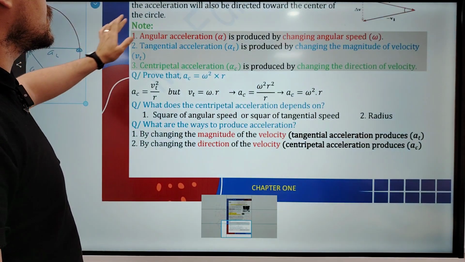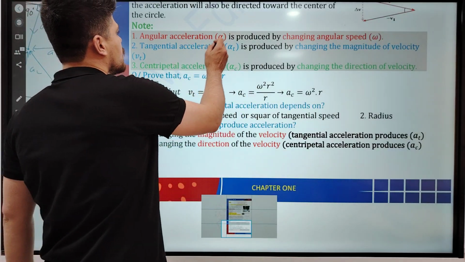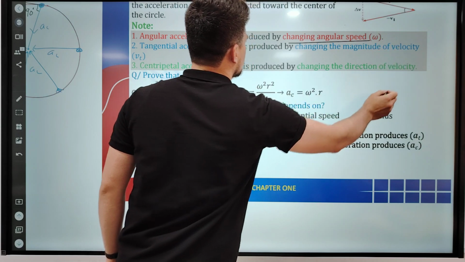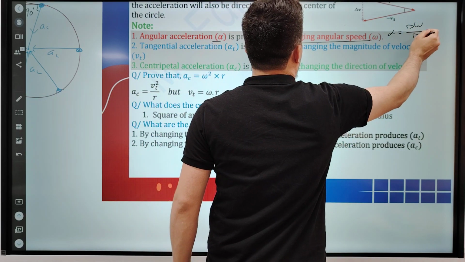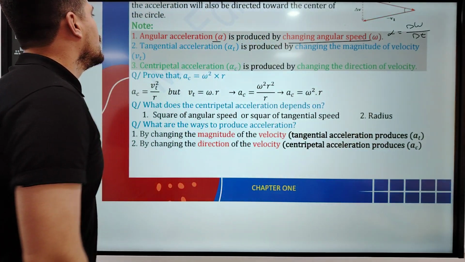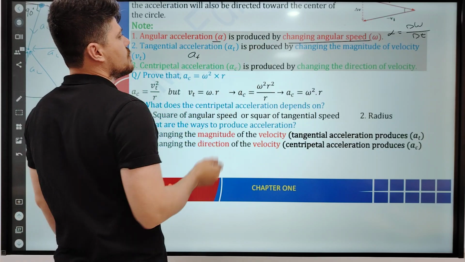So angular acceleration alpha is produced by what? Angular acceleration is produced by changing the angular speed, which is equal to delta omega per unit of time. But the tangential acceleration AT is produced by changing what?